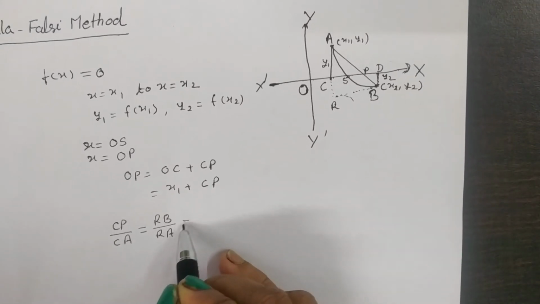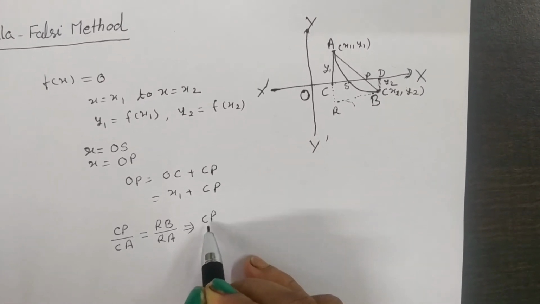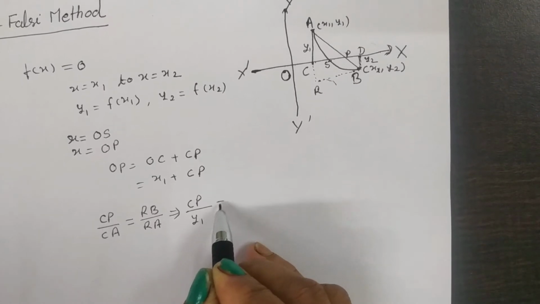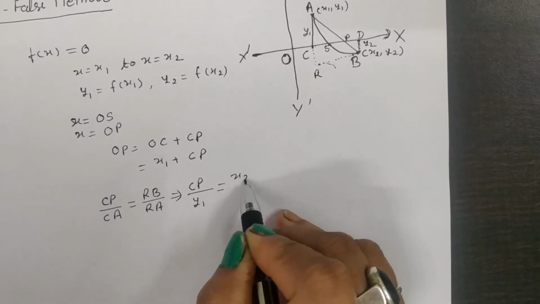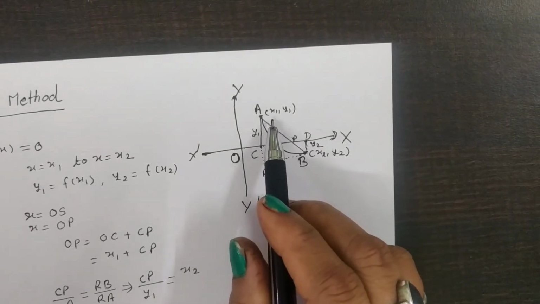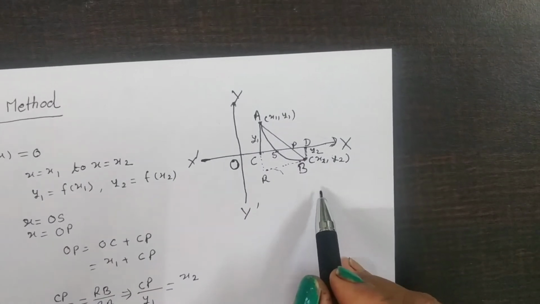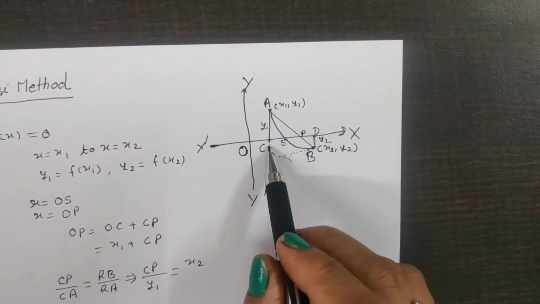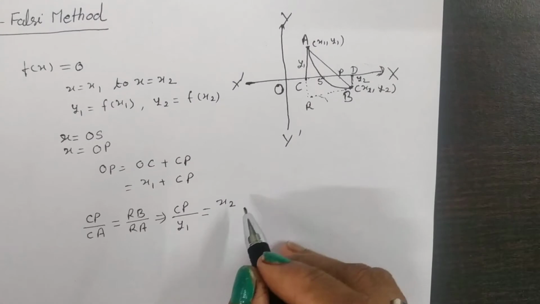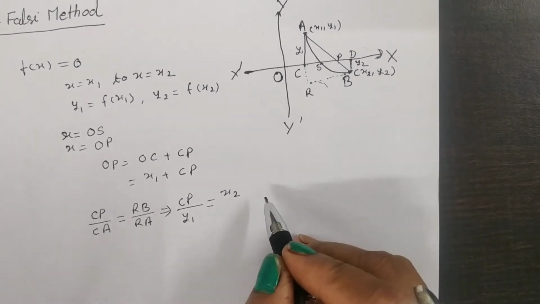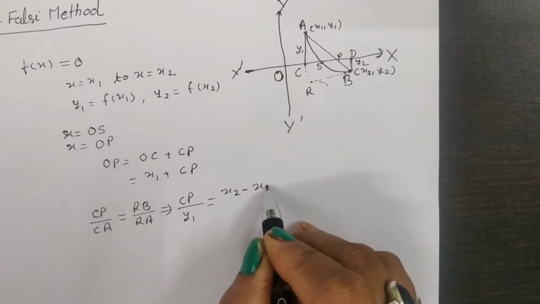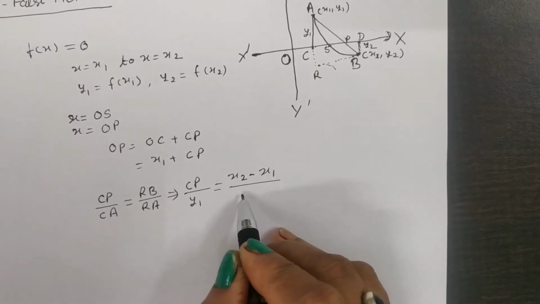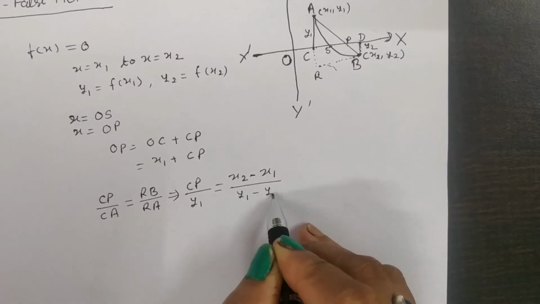This implies that CP divided by y1 is equal to x2 minus x1 divided by y2 minus y1, where point A is (x1, y1) and this point is (x2, y2).